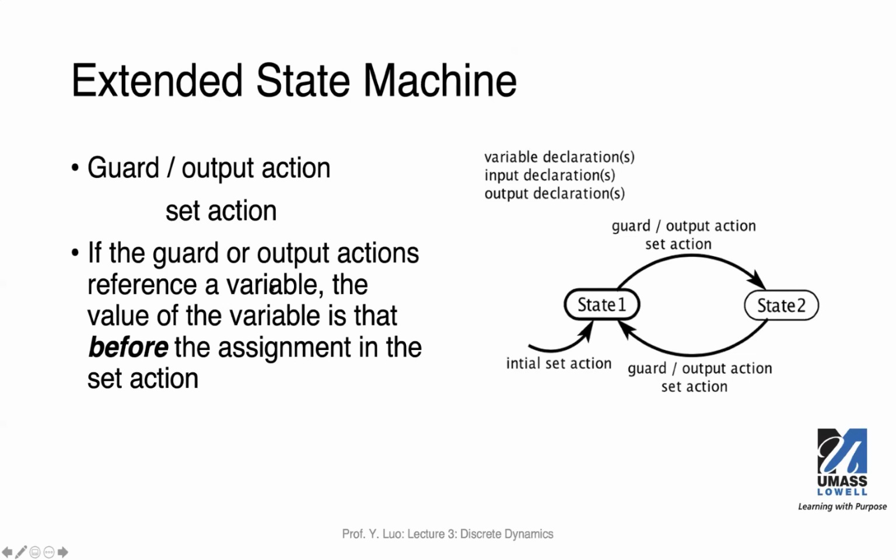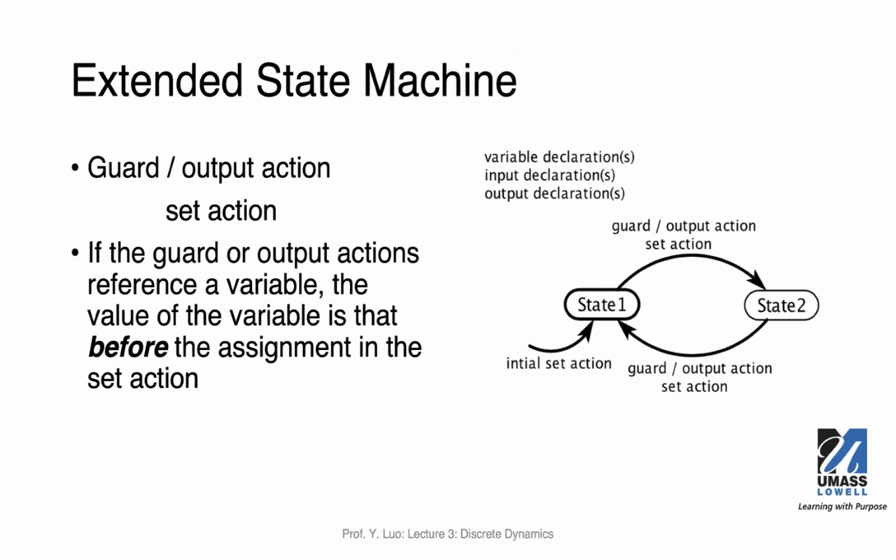So the timing is defined such that when you take the transition, all the values you use to evaluate or calculate in the actions are the values of those variables before the set action, before the assignment of the new values.